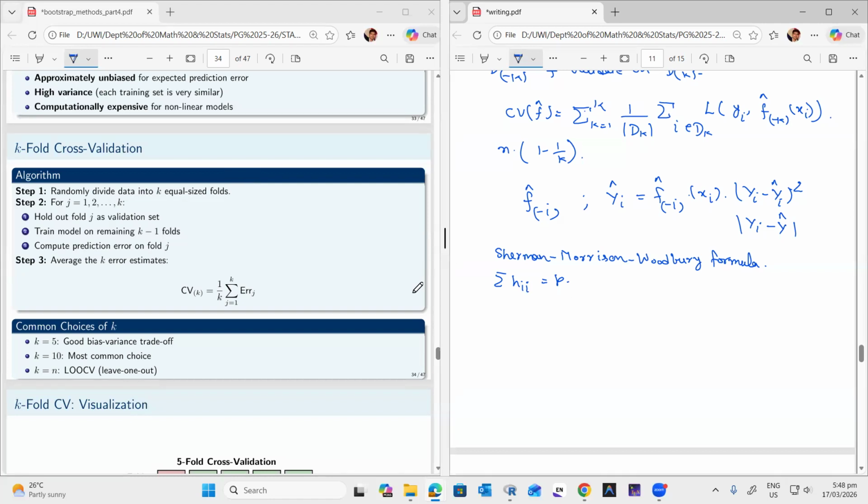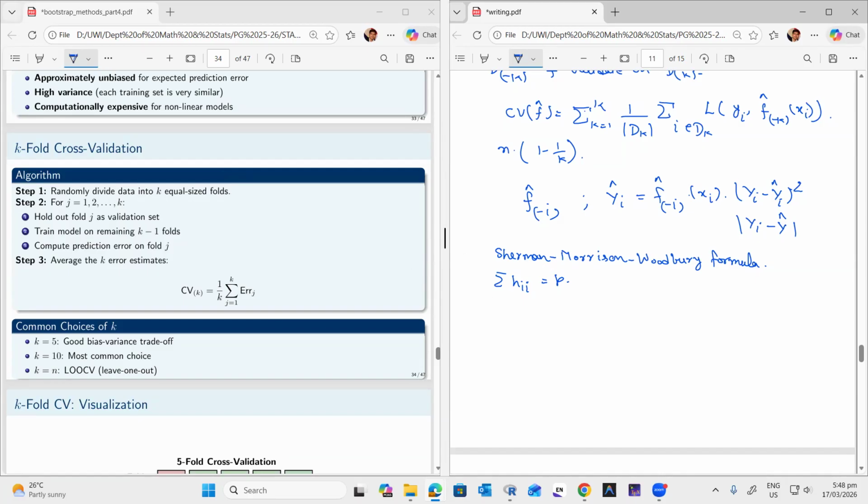After that, for j equals 1 to k, hold out fold j as the validation set. In each iteration, one fold is set aside for validation. The remaining k minus 1 folds are combined to form the training set, and this process cycles through all folds exactly once.